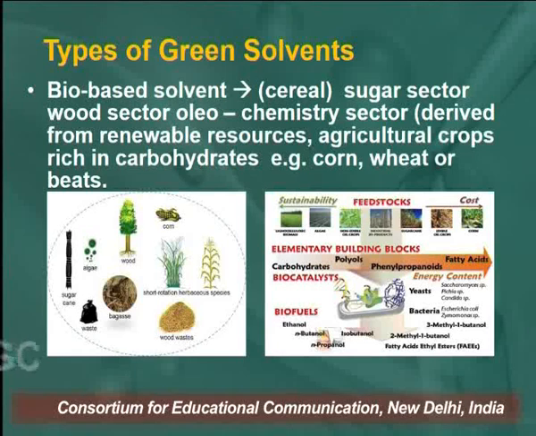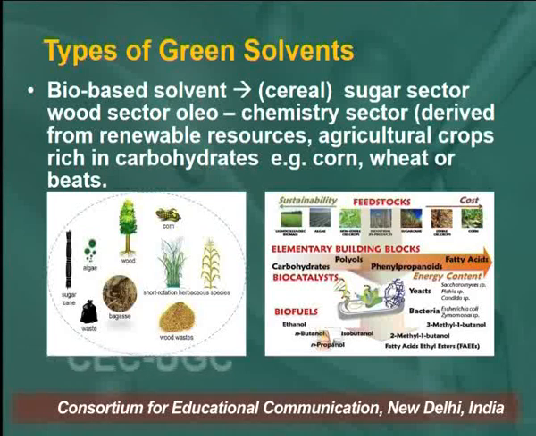Now, types of green solvents. The first and a very important type is the bio-based solvent, also called biosolvents. These solvents are obtained from the sugar sector, wood sector and oleochemistry sector, derived from renewable resources and agricultural crops.